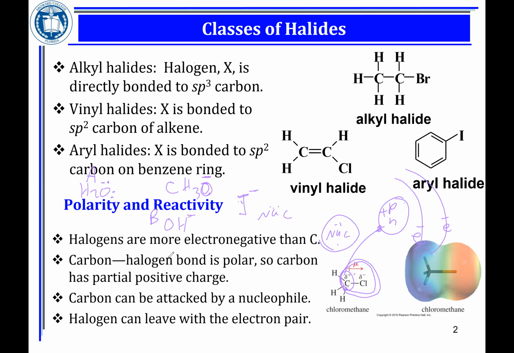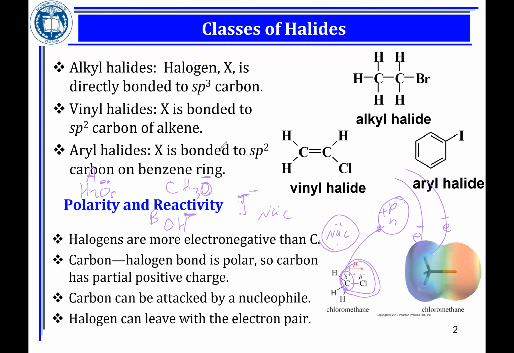When we say nucleophile, it's something that is looking for a positive center, right? If it's looking for a positive center or a nucleus, then it must have either a negative charge or a pair of unshared electrons. We can classify nucleophiles as strong or weak nucleophiles.